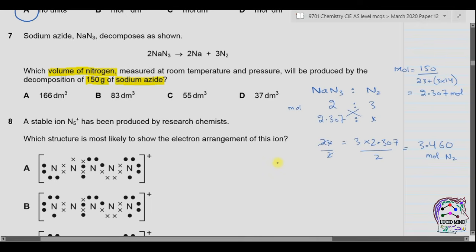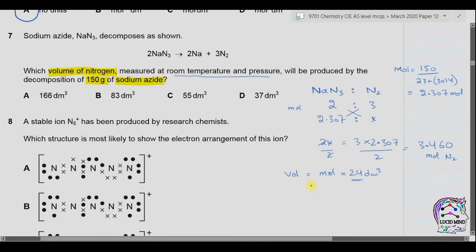But they have asked about the volume of nitrogen, not the number of moles. So we know the formula of volume is moles into 24 decimeter cube. Why have we chosen 24 decimeter cube? Because they told that this reaction was occurring at room temperature and pressure.